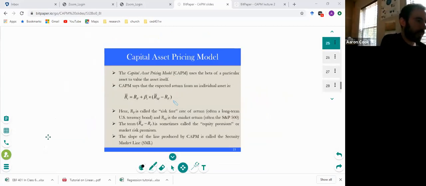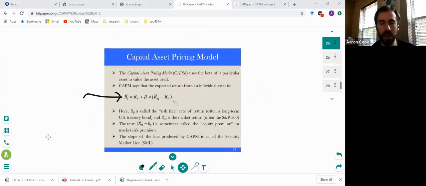This is the fundamental capital asset pricing model relationship, where the average return on a stock, according to this capital asset pricing model, is going to be a function of the risk-free rate plus the beta of that stock. That is, how much it moves together with the market, either in an exaggerated way or maybe in a muted way.